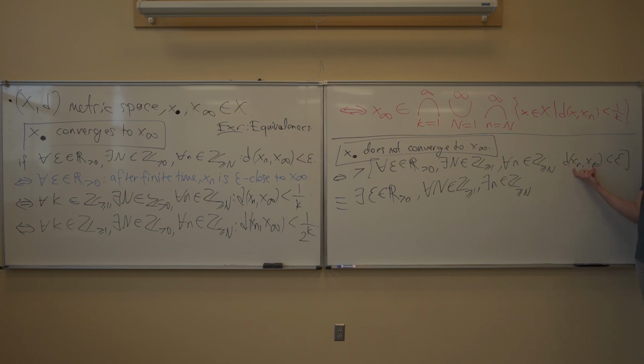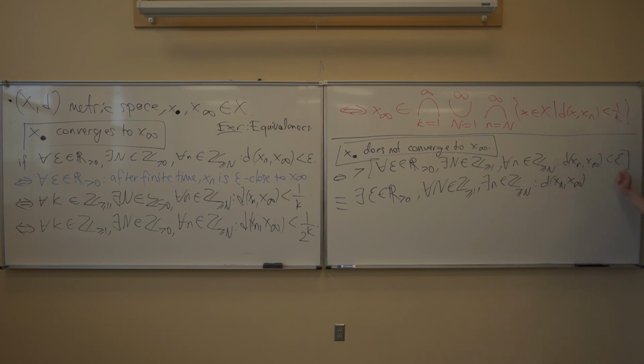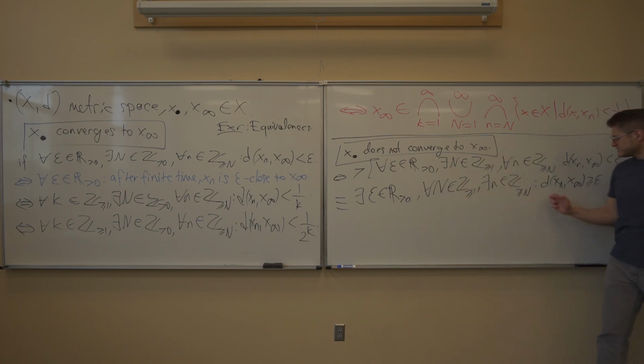Well, you want to say that this dominates epsilon, right? Instead of saying that x n stays epsilon close, you say x n stays away from x infinity. Okay, so for some epsilon, you can choose these sample times such that your terms stay away from the target.